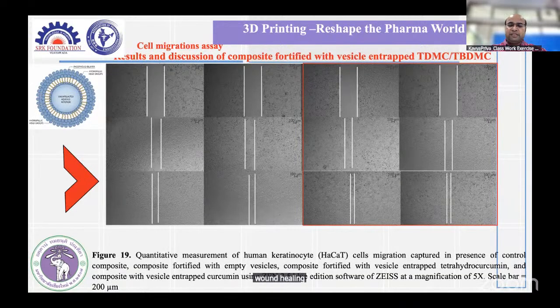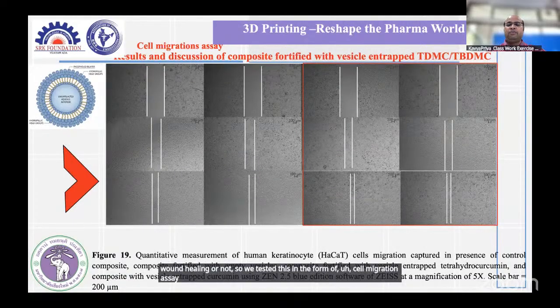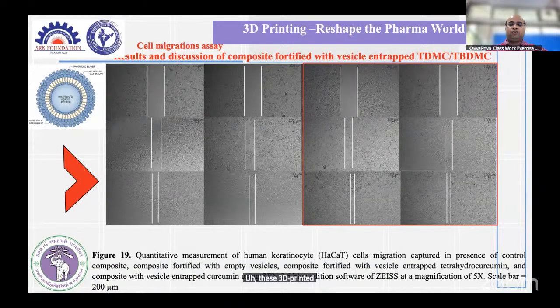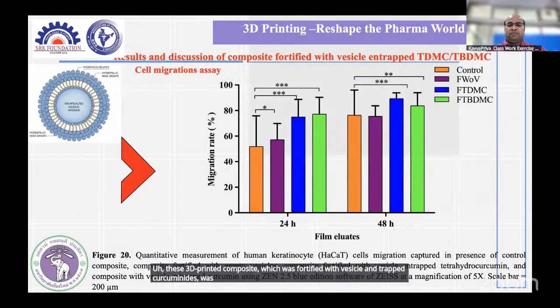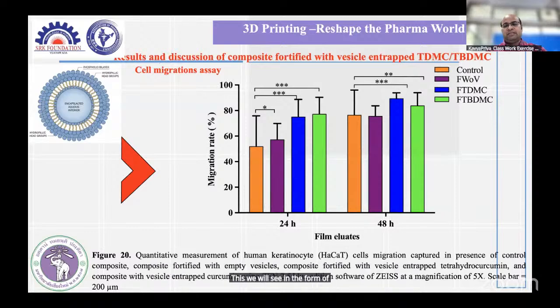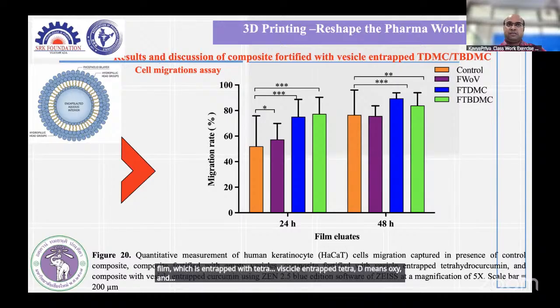So we tested this in the form of a cell migration assay, and we found that this 3D printed composite, which was fortified with vesicle-entrapped curcuminoids, was effective. And this we will see in the form of a comparison, that is, film entrapped with vesicle-entrapped tetra dimethoxy, and film fortified with tetra bis dimethoxy.